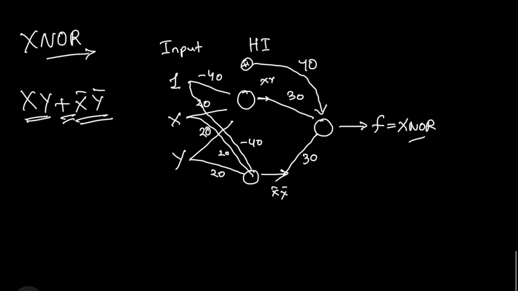Now if you see how a neural network is working, it's simply combining several small functions to give the complete output, and every neuron is doing a separate job of finding something very simple. For example, this was finding AND, this is also finding AND between x complement and y complement, and based on that result we are getting OR.